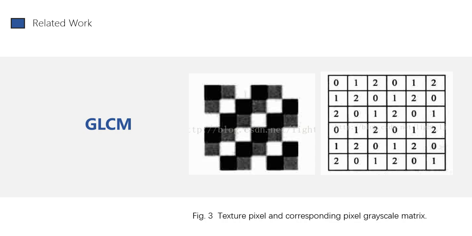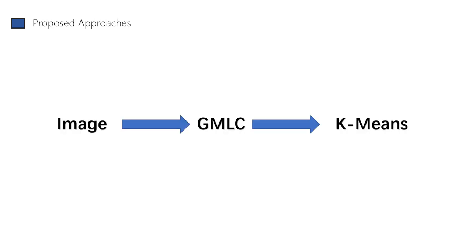The GLCM can reflect comprehensive information about the direction, adjacent interval, and variation range of the image grid level. It is the basis for analyzing the local patterns of the image and their arrangement rules. Figure 3 is an enlargement of the texture pixel and the corresponding picture grayscale matrix.